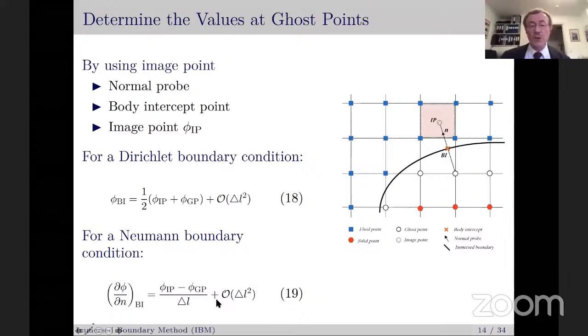Again, neglecting this term, we see then that the temperature at the image point is equal to the value at the ghost point. Thereby, we get the value at the ghost point. So we get the temperature there and the pressure. So at the end, we have determined the velocity components, temperature and pressure at the ghost point using this technique.